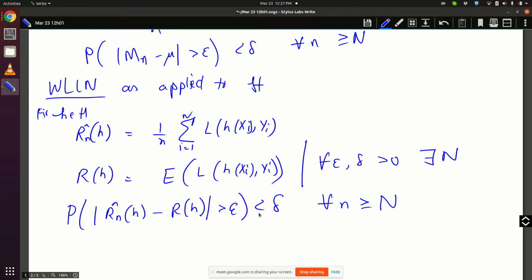I hope everyone is able to understand this, because you have fixed an h. Once you fix an h, Rn hat is like Bernoulli. So are you able to appreciate this? Once h is fixed, Rn hat is Bernoulli. Why? Can someone tell me?